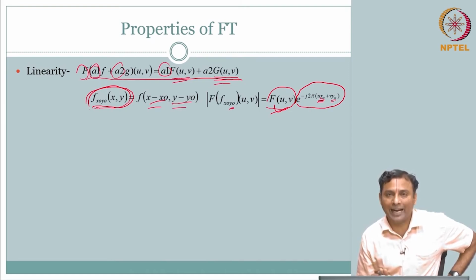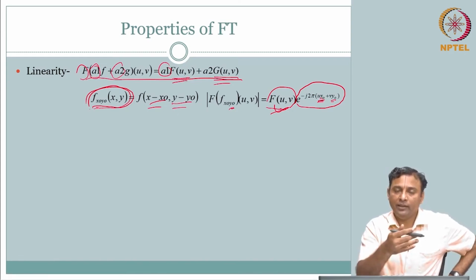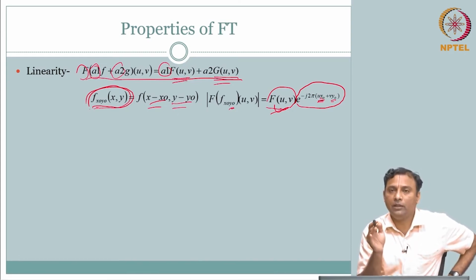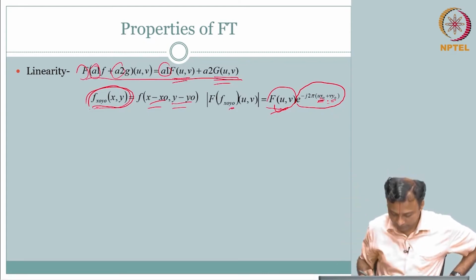Remember, we talked about magnitude spectra and phase spectra. So the magnitude does not change. If I shift the signal in the spatial domain, the magnitude of the Fourier transform remains the same, only the phase shifts. This is very similar to one dimension, where if you do a time delay, you will have a phase shift.